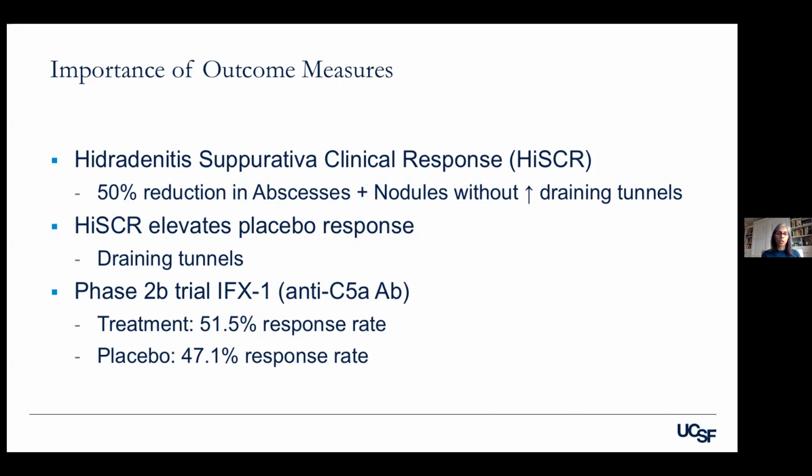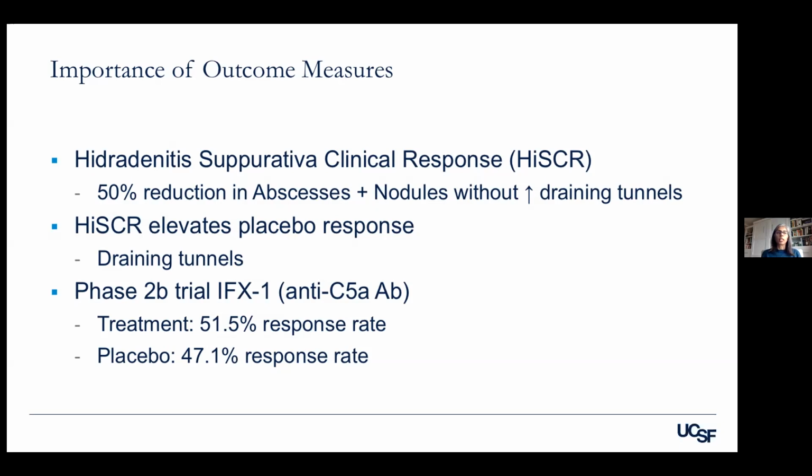And the HiSCR, which is the tool that was used in the adalimumab trials that I just showed you, and which is a tool that you'll probably see in almost every HS clinical trial coming out today, doesn't necessarily measure meaningful response in disease or in patient expectation of improvement.